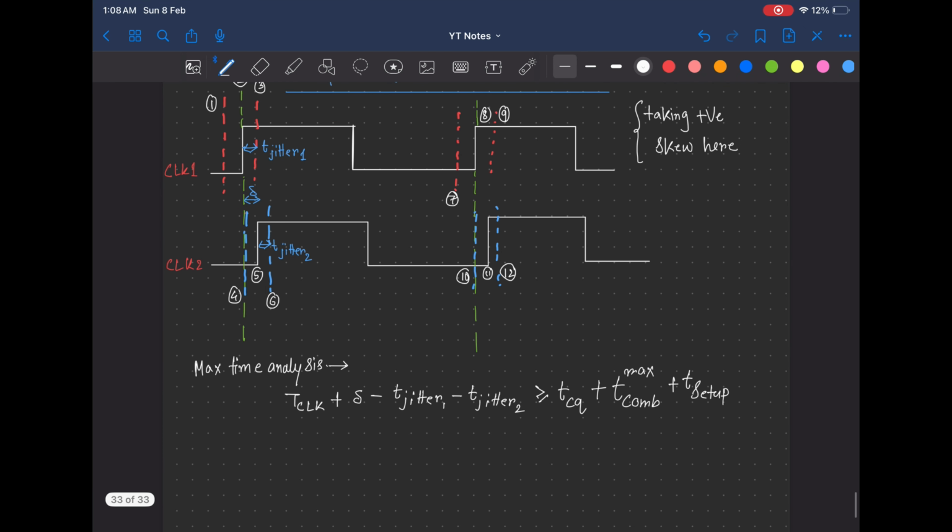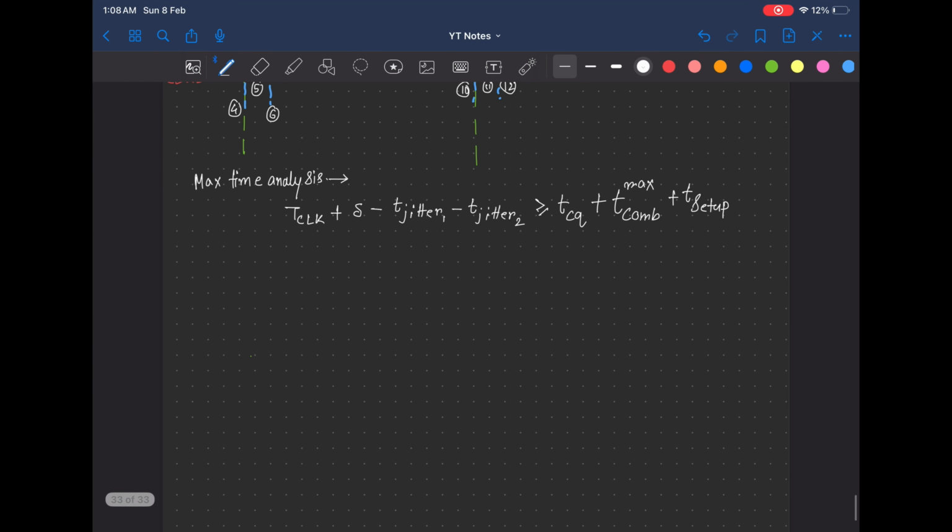And here remember that we take the positive skew and jitter for the decrease in that period.